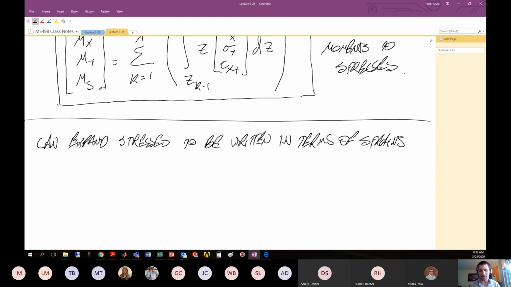So we can bring in additional information because we know things like what is the stiffness of layer K. With that information, we can make additional reductions in the things that we know and understand to further relate stresses and strains to loads that we've applied. So we can expand the stresses to be written in terms of the strains.